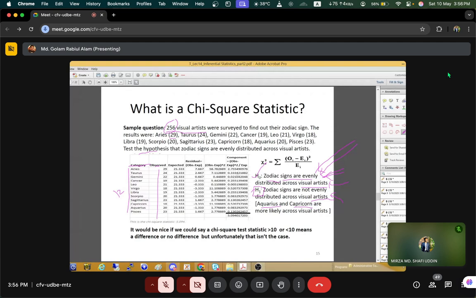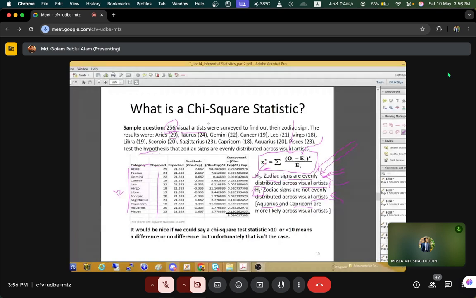Then we apply the chi-square test, and this is the equation: chi-square equals the summation of (Oi minus Ei) squared over Ei, where Oi is the observation and Ei is the expected number of observations.